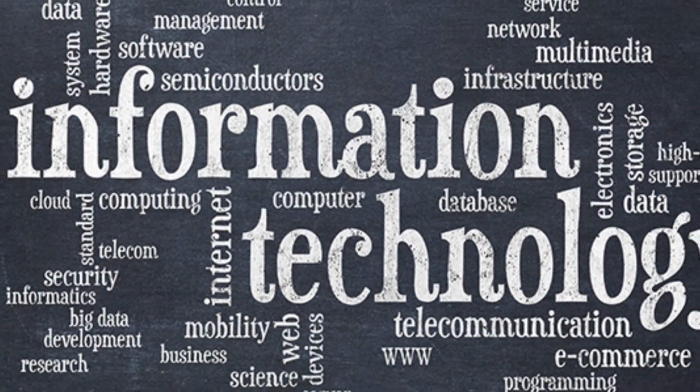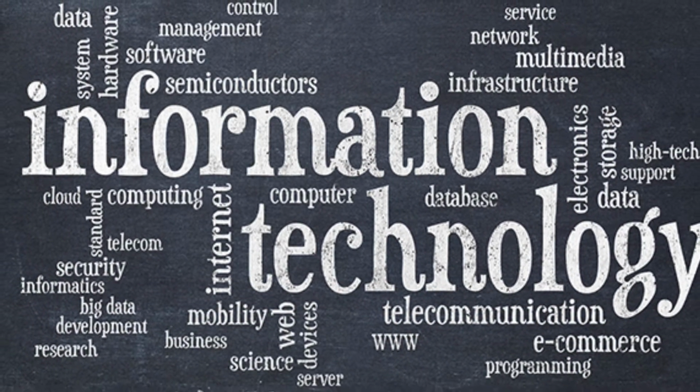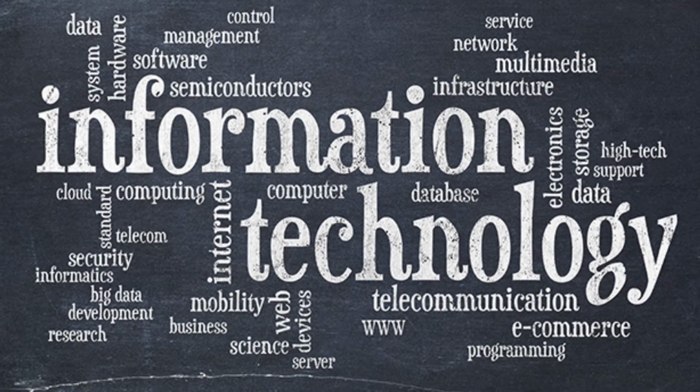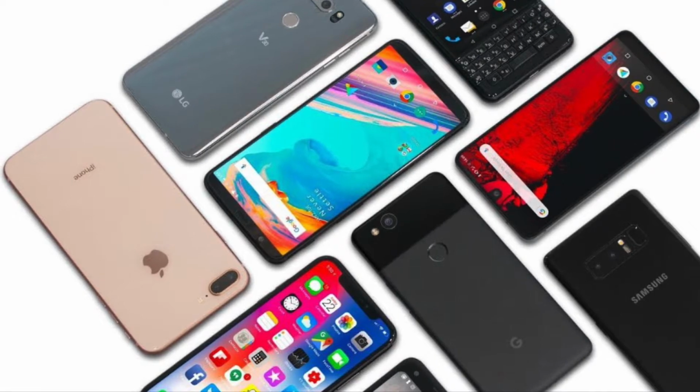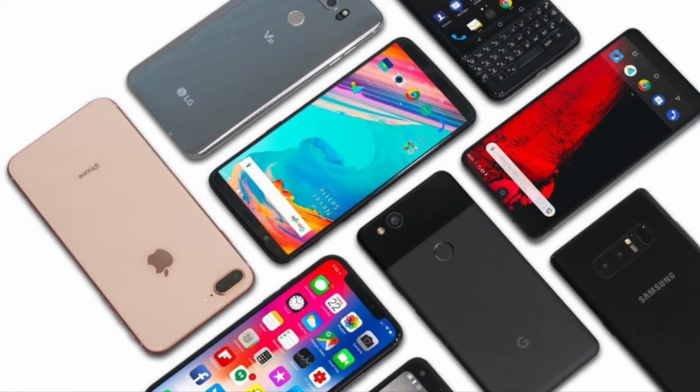Information technology. This part of the computing curriculum teaches children that technology is everywhere and they begin to identify the IT they encounter and develop their understanding of how it works.